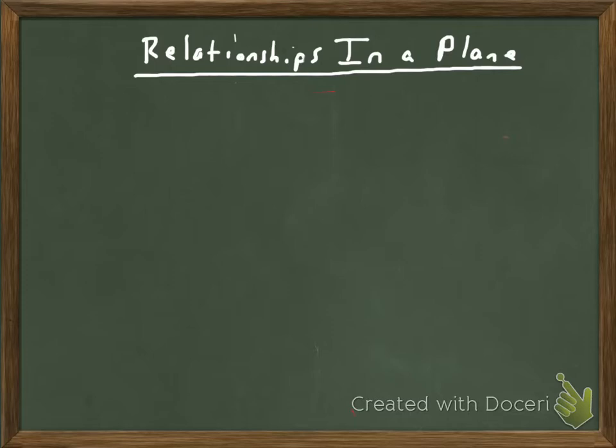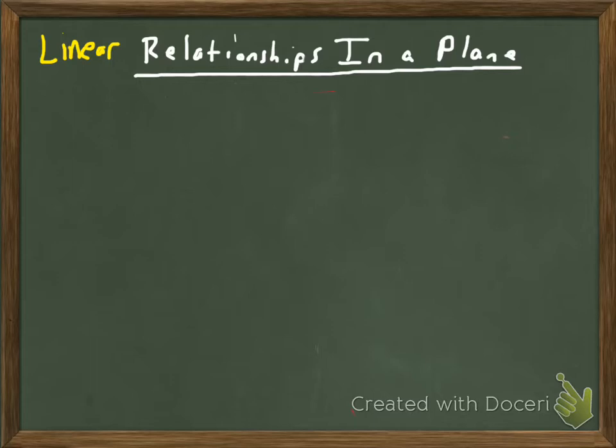Maybe I should add one more word here, because there's a certain type of plane relationship and space relationship that I'm looking at. We're really going to be talking about linear relationships in a plane. Alright, so what are the different relationships that two lines can have is what we care about.